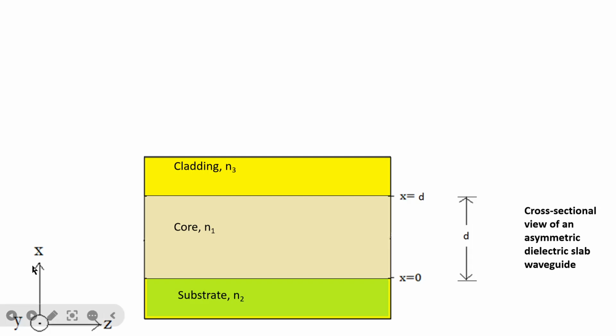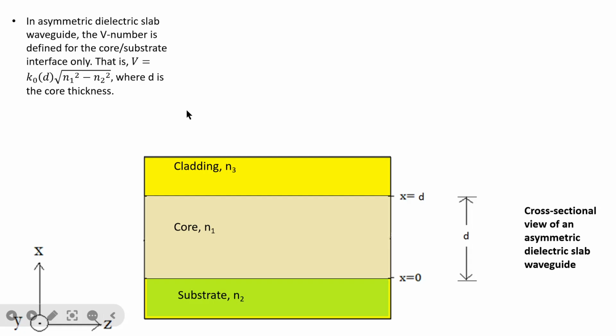The vertical axis is called the x-axis. So you can see here at the bottom boundary, x is equal to 0. At the upper boundary, x is equal to d.